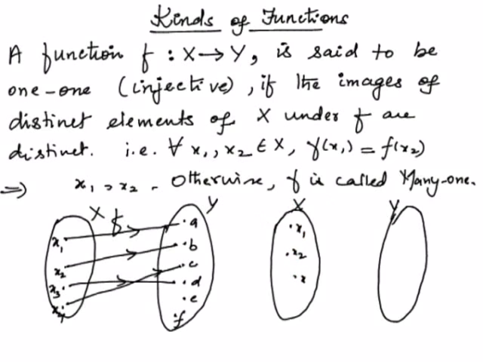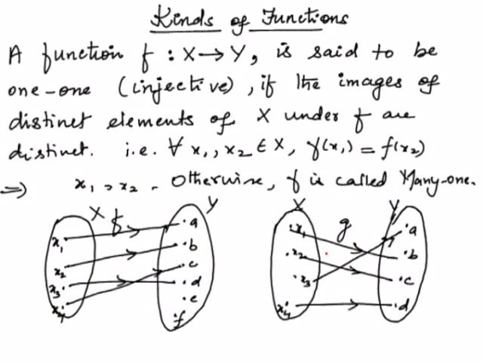So the elements are x1, x2, x3 and x4 in X, and a, b, c and d are the elements of Y. So x1 is related to b, x2 is related to c and x3 is related to a. Also x4 is related to d, and we define the relation as g.